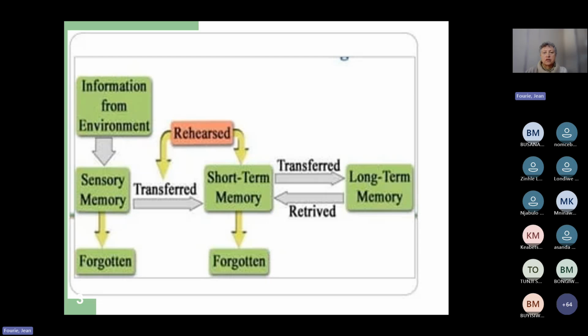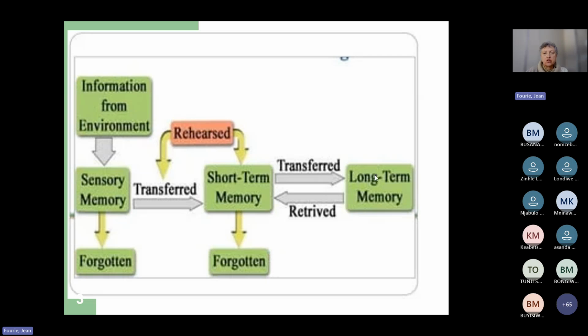We decide, sometimes consciously and sometimes unconsciously, to transfer and encode that input into our long-term memory, so into our memory that will be sitting in our brain for a long time.